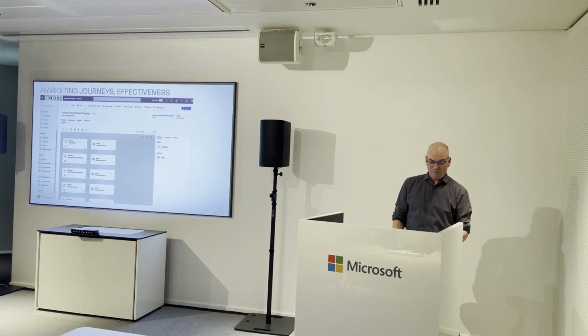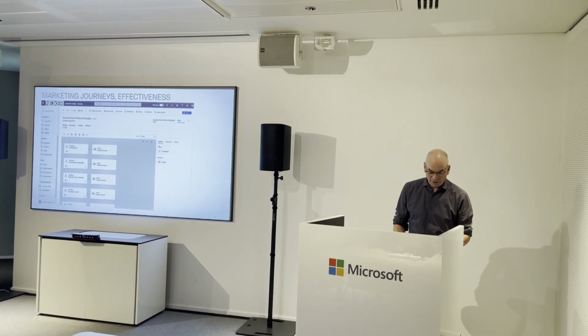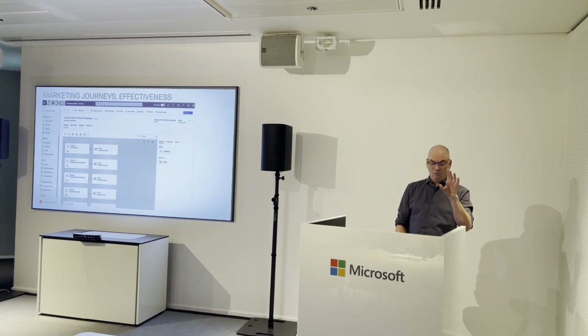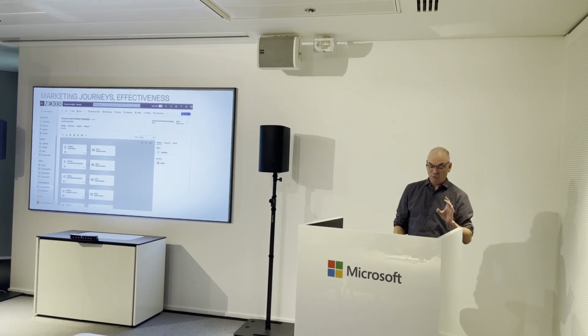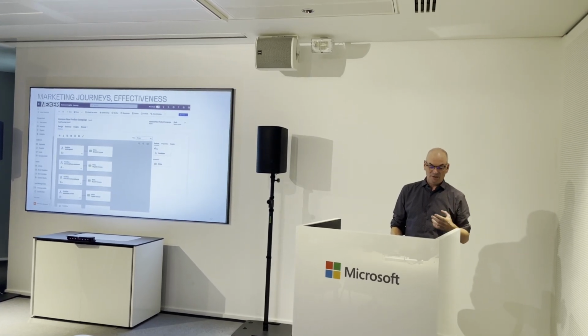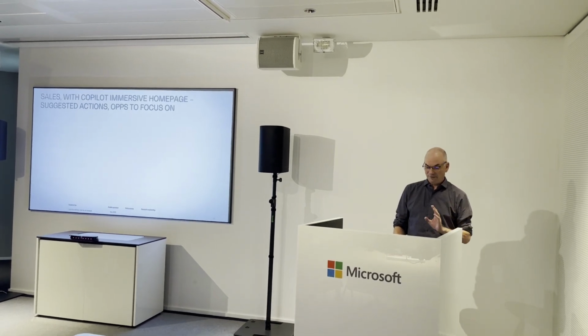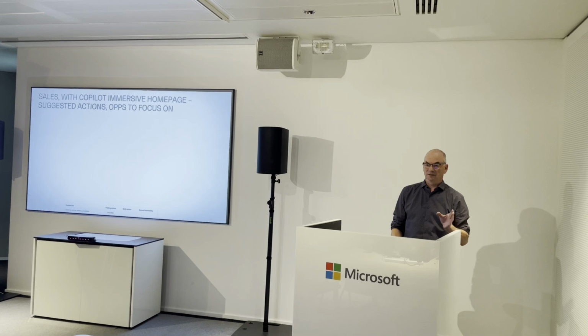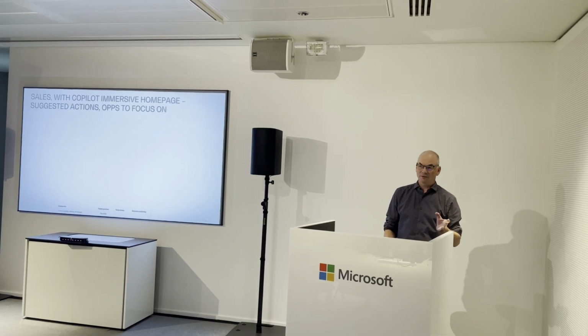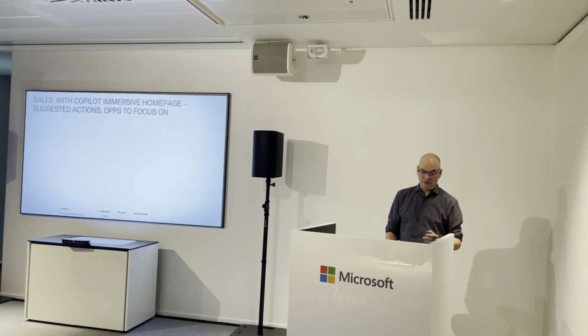You can also put up scoring mechanisms about what you consider to be effective or not, and use that scoring to show the effectiveness. So marketing is very much dynamic now, and using Copilot a lot to help save time.